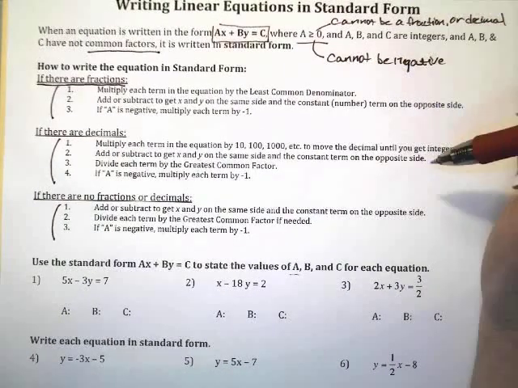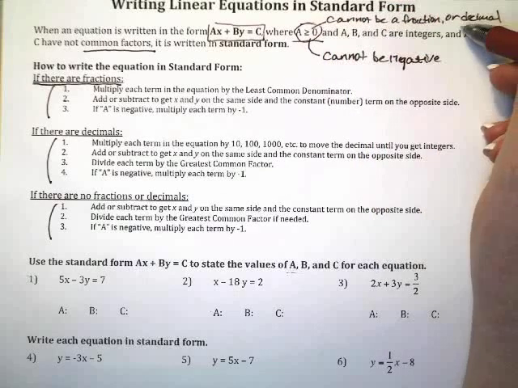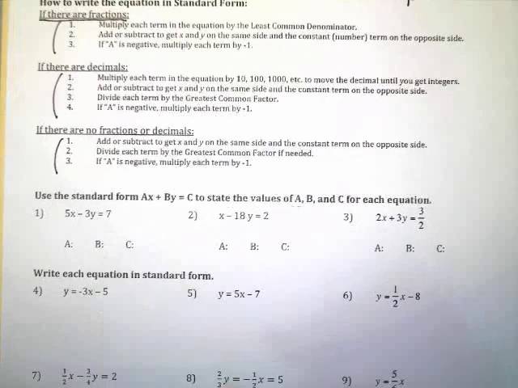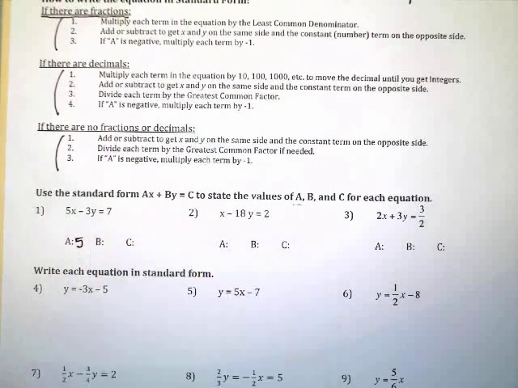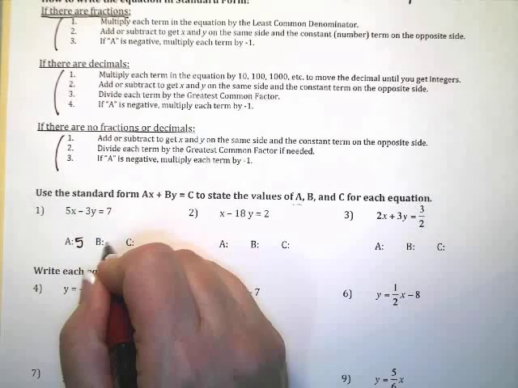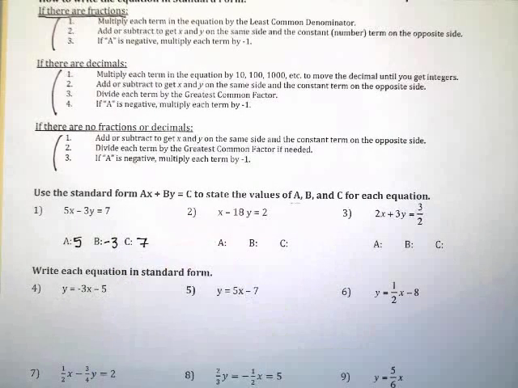B and c could be negative. A, b, and c all need to be whole numbers. So that's the case here. So this is in standard form. So they just want us to state, what is a? Well, it's the number in front of x. What is b? The number in front of y, the coefficient of y. And c is equal to this constant.